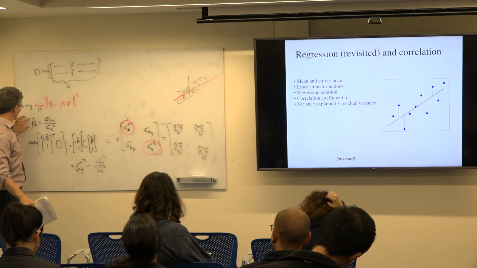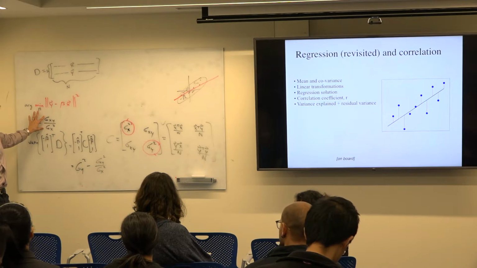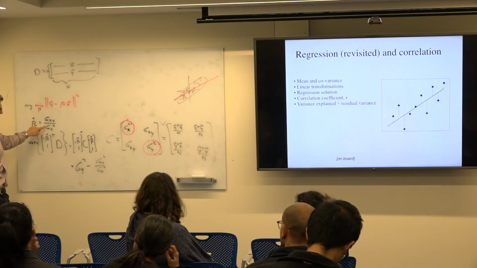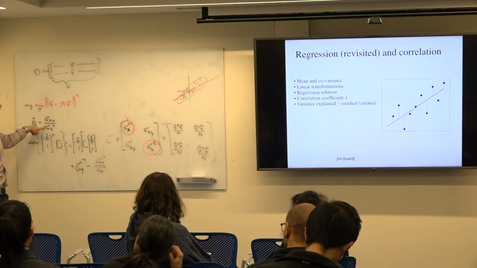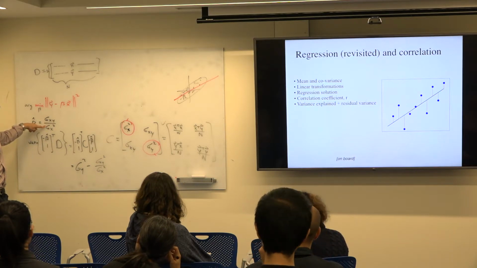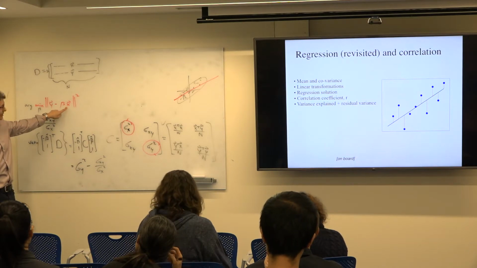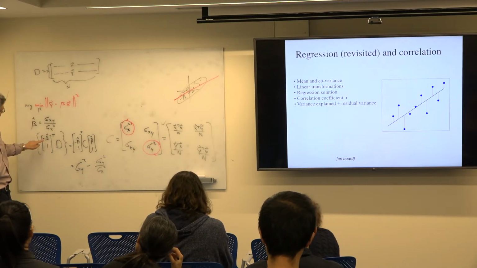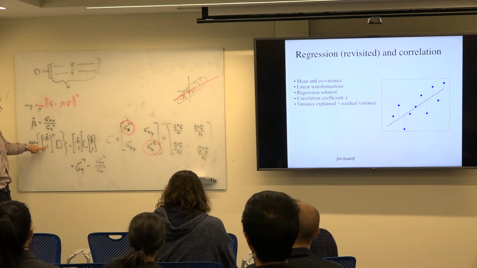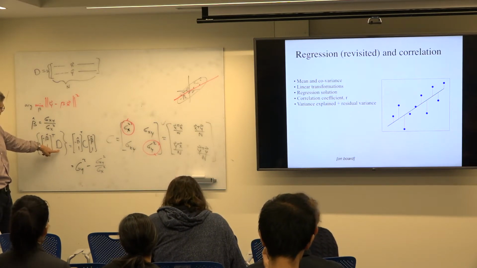Regression. So here's the solution to the regression problem, written in this new format. Okay? Sigma xy divided by sigma x squared. This thing, as I already explained, can be written as the vector minus beta, 1 times the data matrix, assuming the mean is already subtracted out.